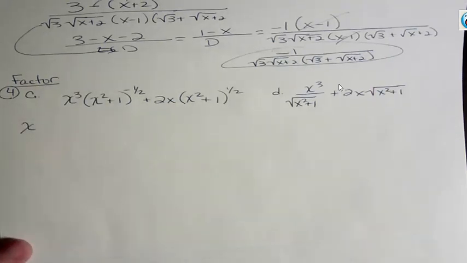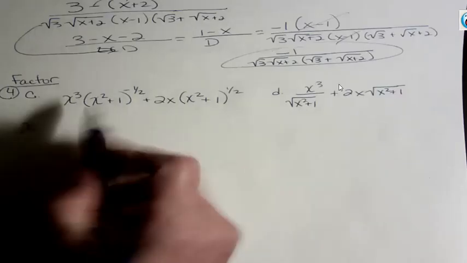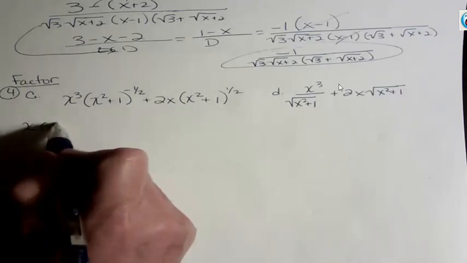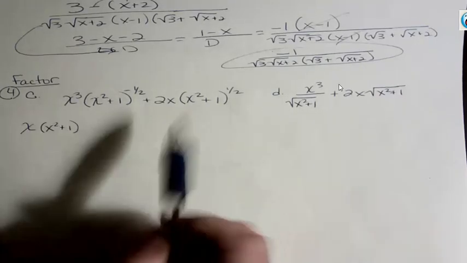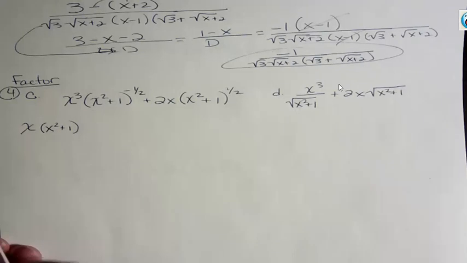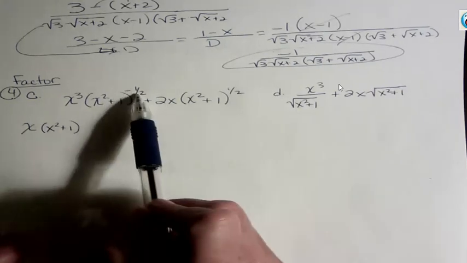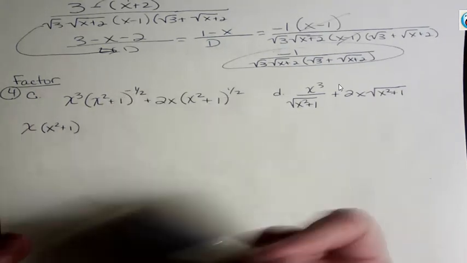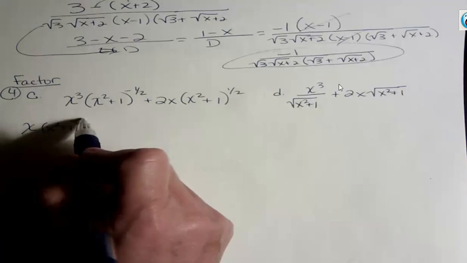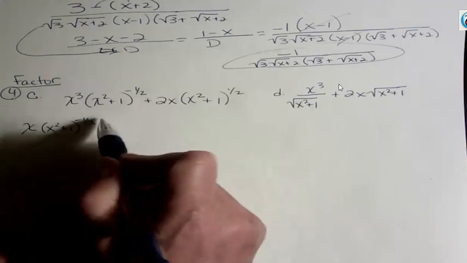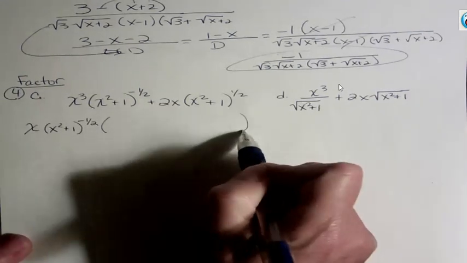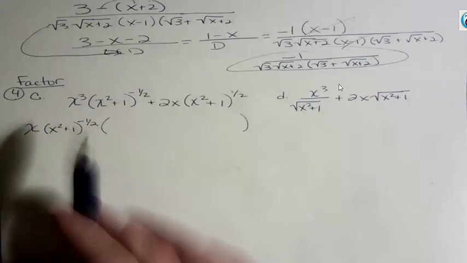And then they also both have an x squared plus 1. You take out the power that is the lowest power that's in there. And negative 1/2 is definitely smaller than 1/2, so I'm going to take out a negative 1/2. Okay. And then what I put in here is what's left when I take those things out.